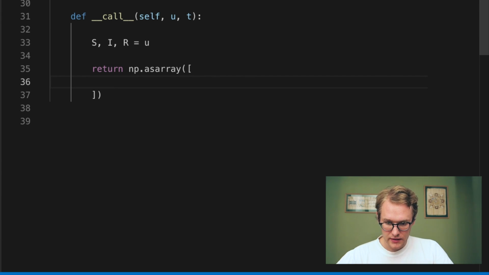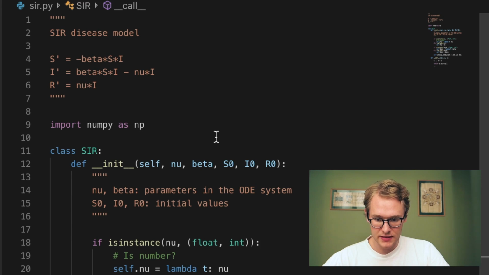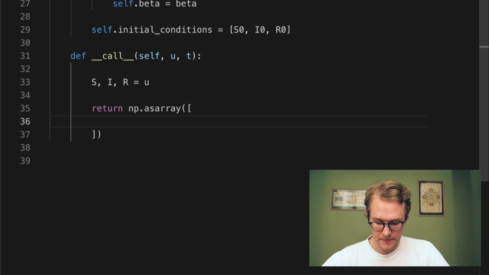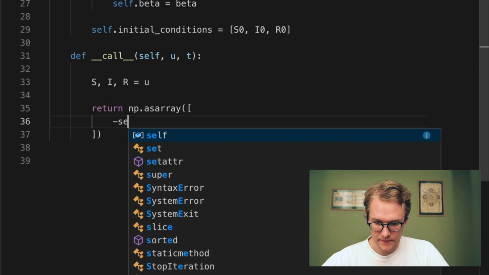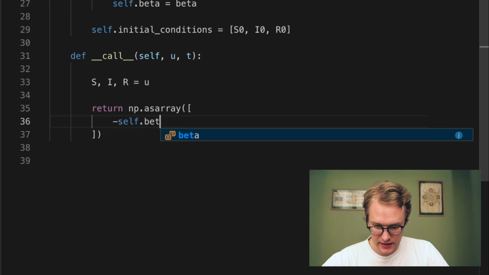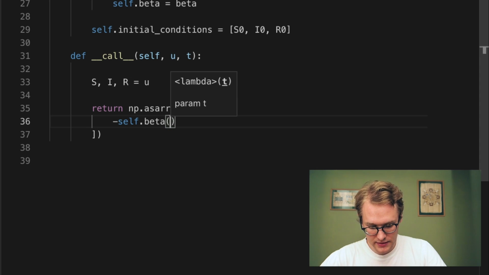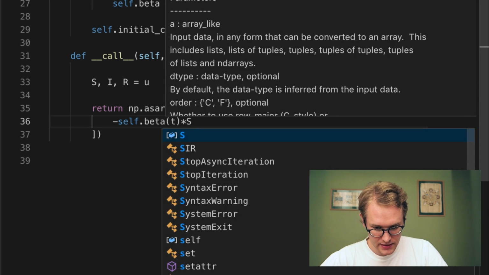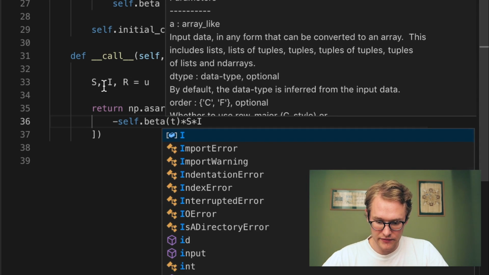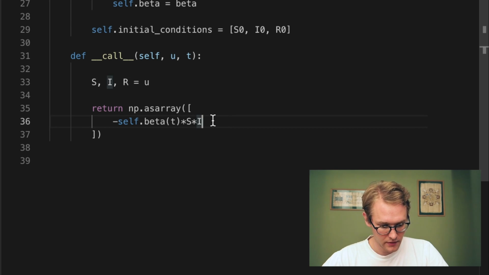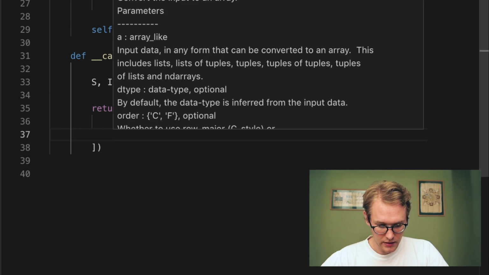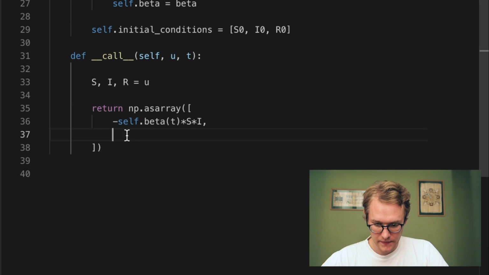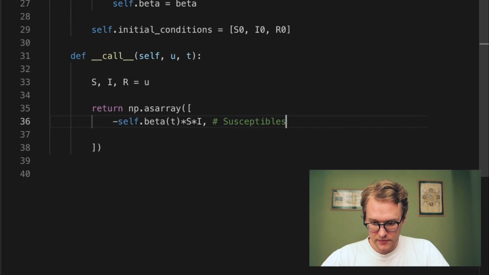Okay, and then we need the stuff up here. Minus beta times S times I. The beta should now be time dependent, self.beta(t) times S times I. And the S and I we have from up here, right? These are the susceptibles.